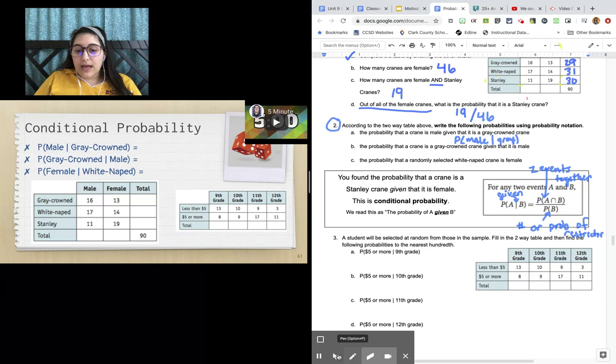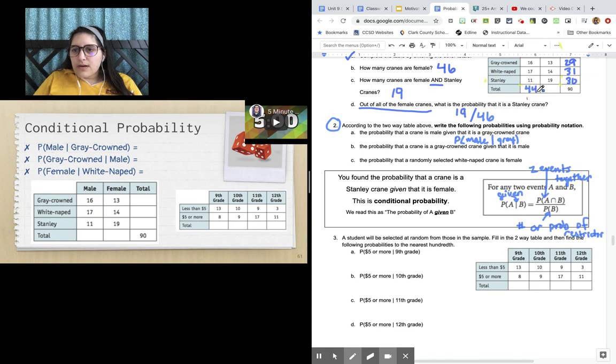Actually, let me do some erasing here so that you all can see what's happening. I'm going to have to do a lot of erasing in this video, I think. Okay, so this one was 44 and this one was 46. In part A here, I'm saying I only care about this category, the gray crown category. I recommend that you go and circle these when you're first learning them because it makes it a little bit easier. So I'm saying, male given gray. I only care about these.